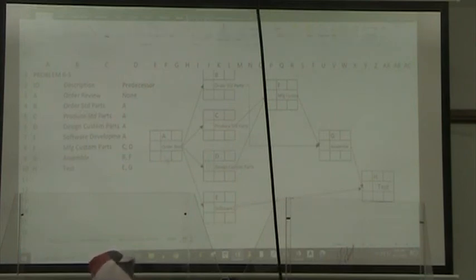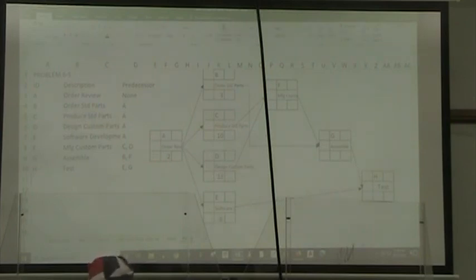All right, so order review, they're saying, the time is 2. Order standard parts is 3. Produce standard parts, they're saying, is 10. Design custom parts is 13.